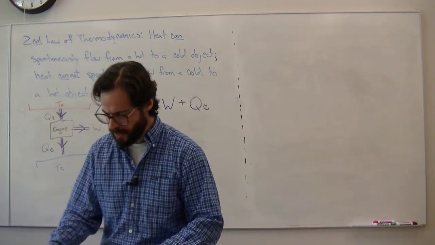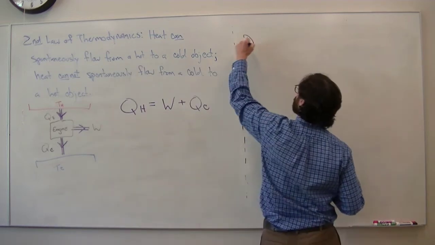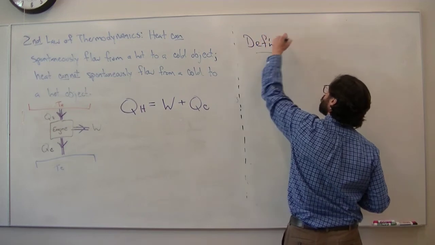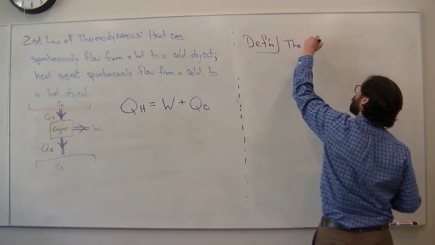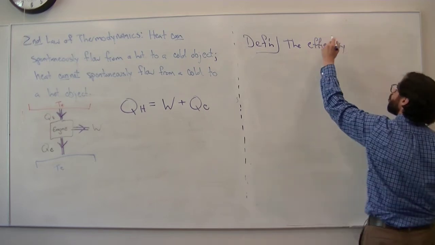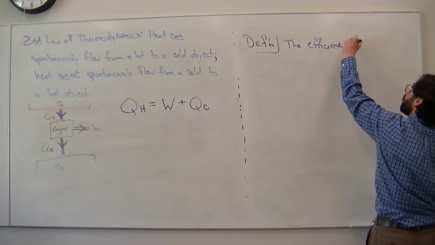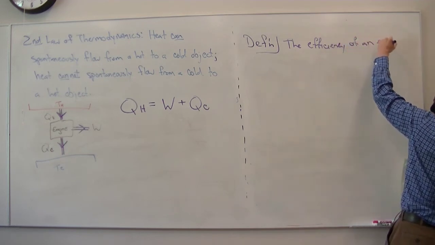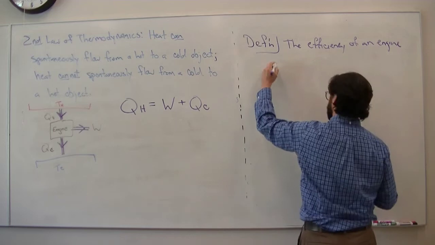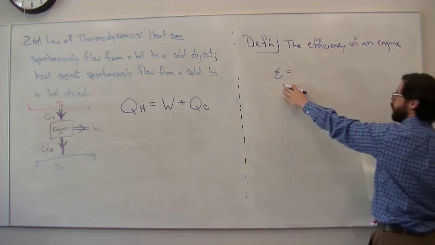So the next thing we can do is start asking about the efficiency of an engine. And usually that's given a lowercase e of some type.